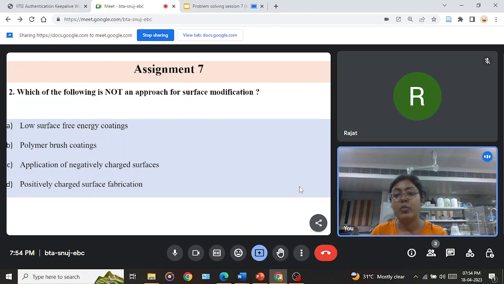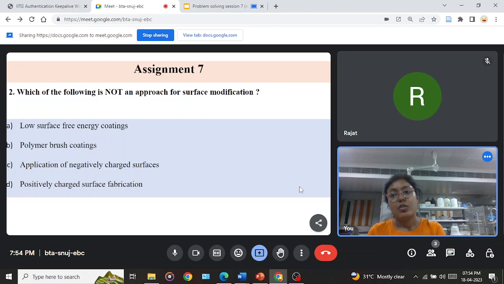Okay, so one by one we will see. So option A, low surface free energy coatings. If you want to modify the surface, what do we favor? We want the delta G of adhesion, or the Gibbs free energy, to be on the lower side, right? So it should be less than 0.